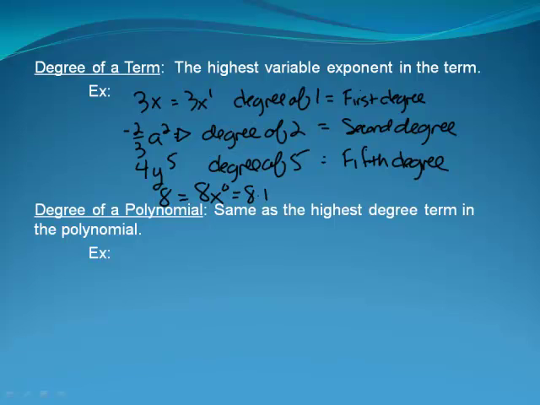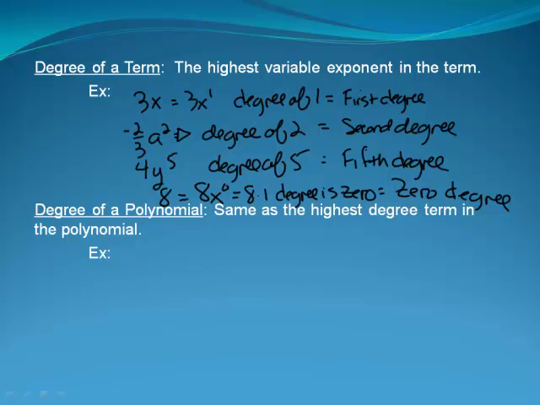But what that does for me is I now have an exponent visible, a variable exponent. So therefore, the degree of this term is 0, or it's said to be 0 degree. Okay, so that's degree of a term or degree of a single monomial.